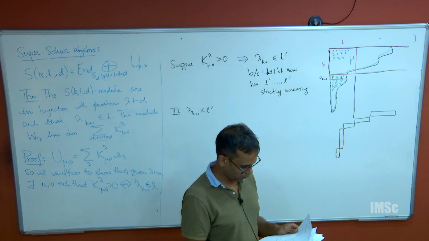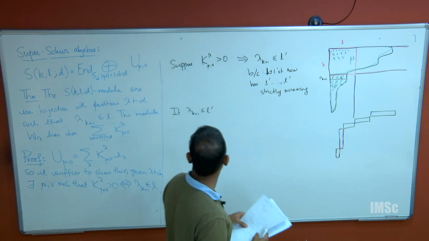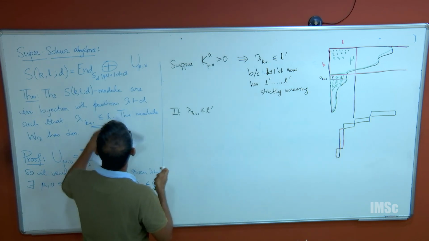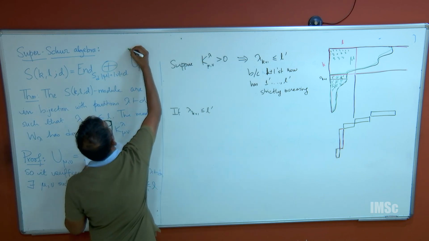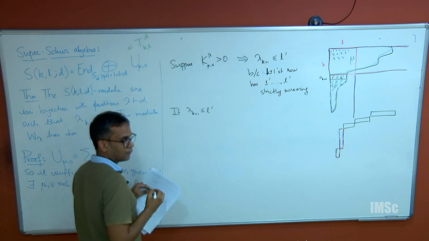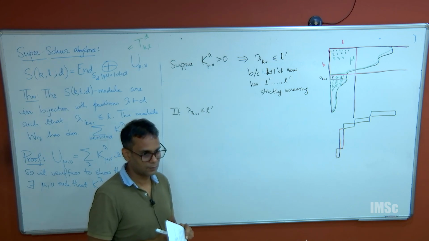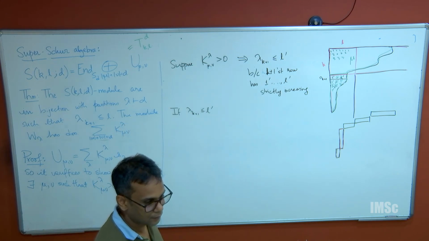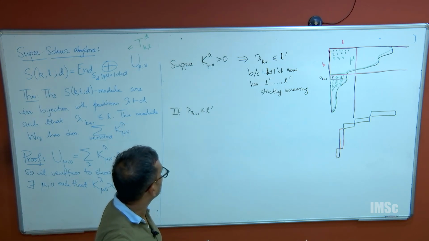Okay. So then this thing is called the tensor space. So, super tensor space. So if k lambda mu nu is greater than 0, lambda k plus 1 is less than or equal to L prime.